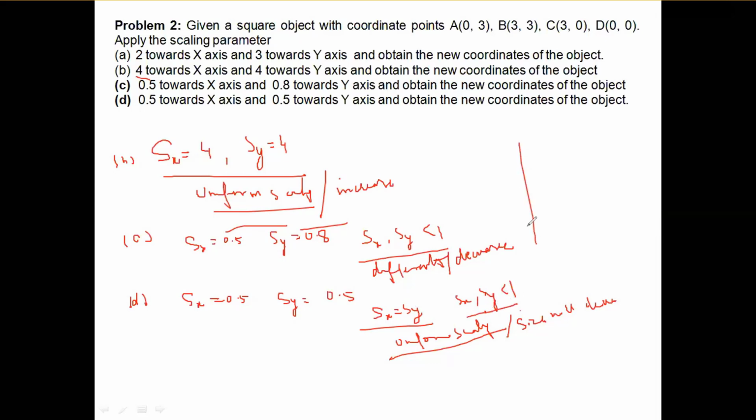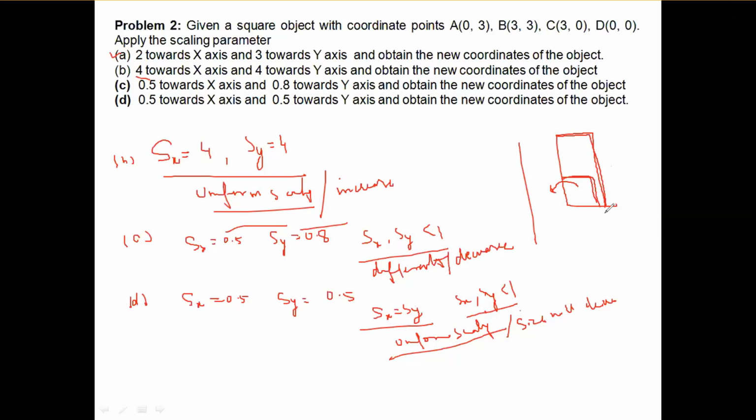In the previous example of the A part, you have seen the size of the object was increased, but the shape of the object also changed. It was a square and it was changed into a rectangle. So the shape of the object was changed.